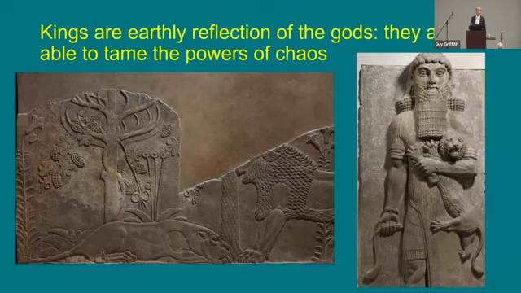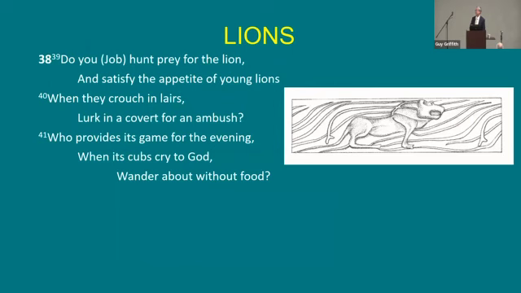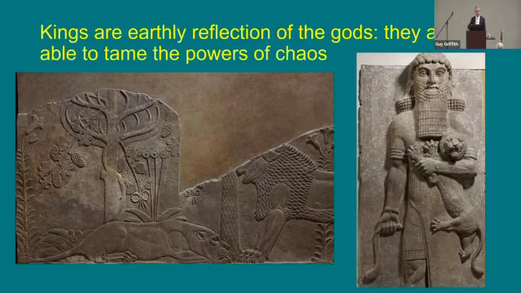They are the ones able to tame the powers of chaos. And so you see on this side here, the lion is so docile because the king has done a good job in taming them, right? And then on this other side, from the famous palace of Sargon, you see the king holding a little lion on his arm as if it were just a pet. See? So these are all propagandistic.